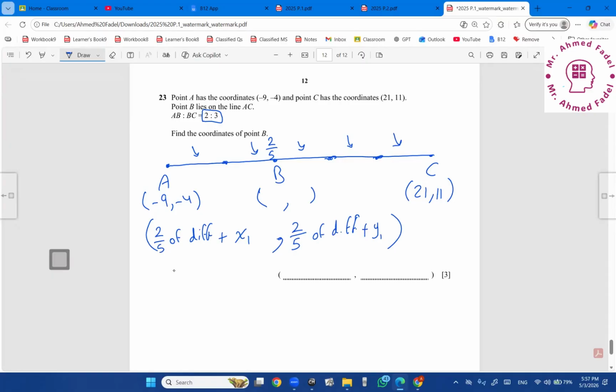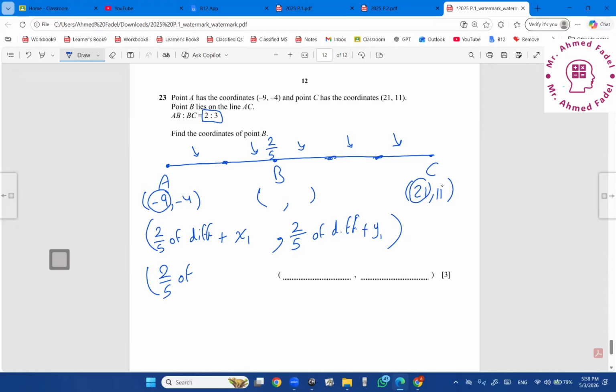So now the fraction is 2/5 of what? The difference between x1 and x2. How many numbers are there in between? You're going to find that there are 30 numbers from -9 to 21. Mister, from -9 until I reach 0, it is going to become exactly 9 numbers.